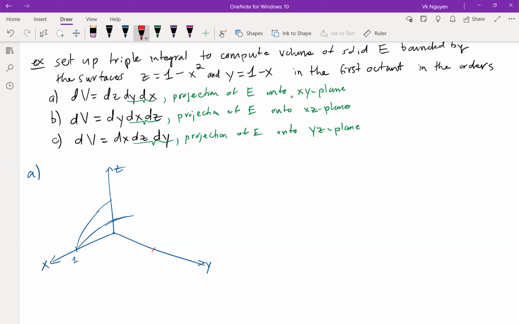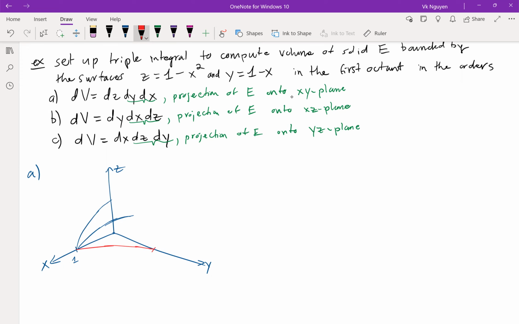The plane cuts this part of the paraboloid out.